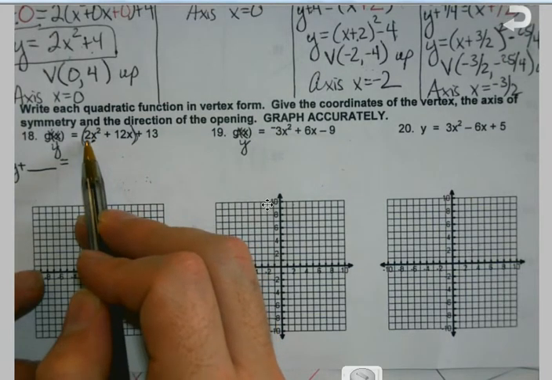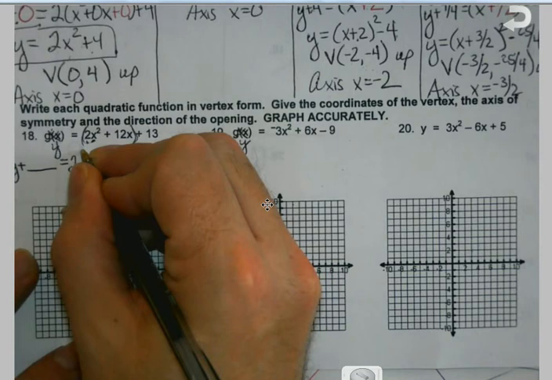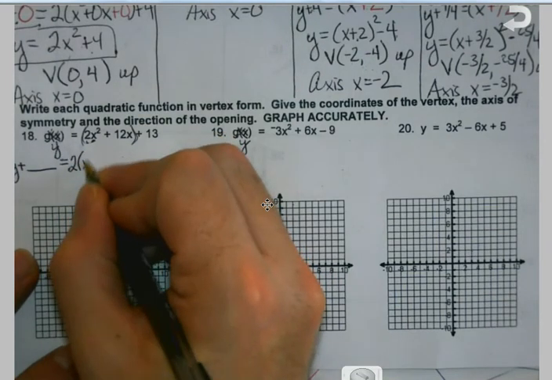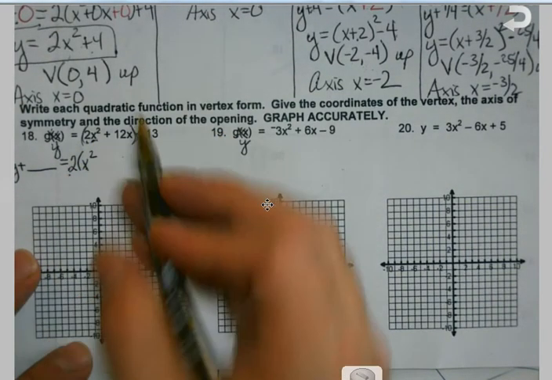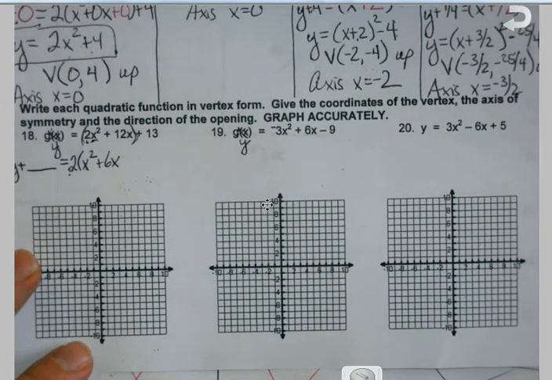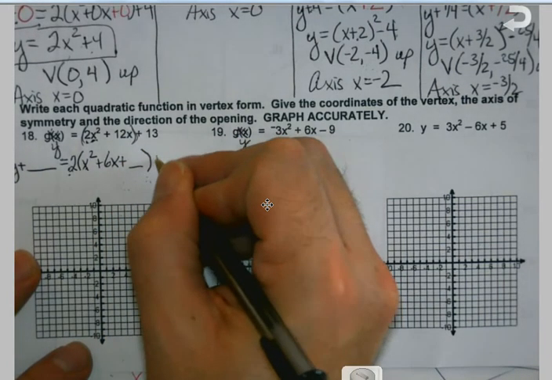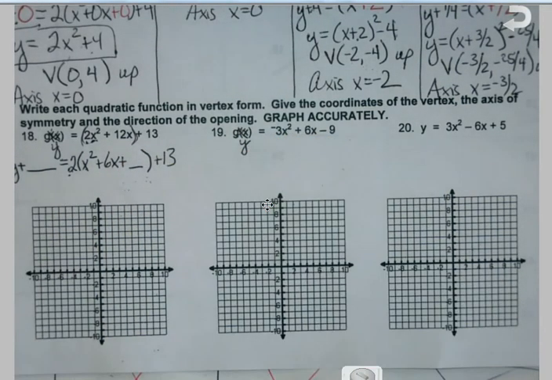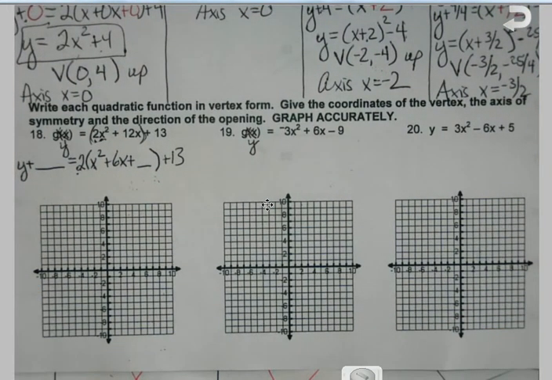So whatever coefficient is in front of my x squared gets pulled out front. So 2 times x squared would be 2x squared. 2 times 6x would be 12x. And then put in your blank, and your plus 13. So it's not changing a lot. I just have to pull that coefficient out.